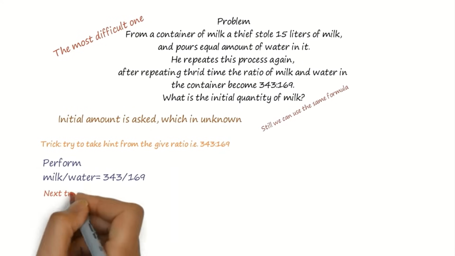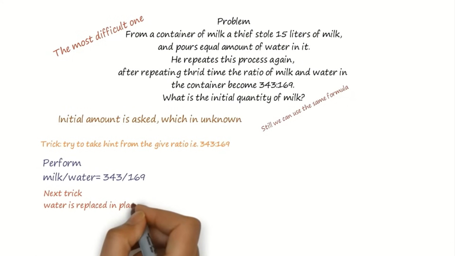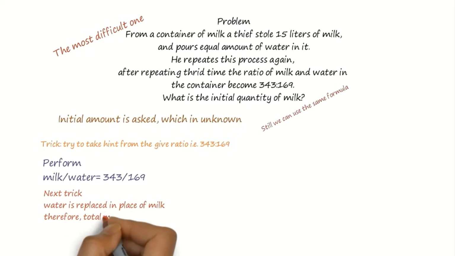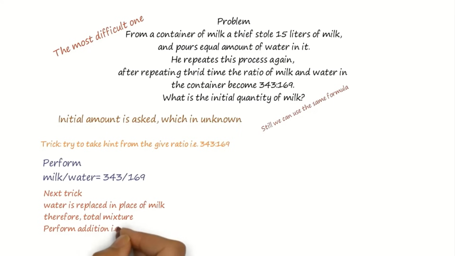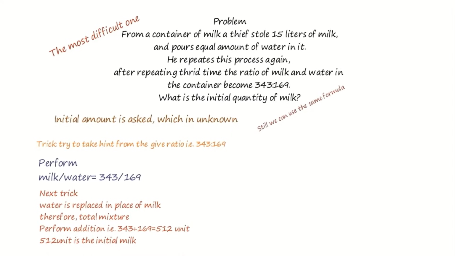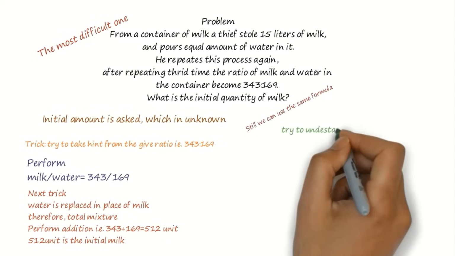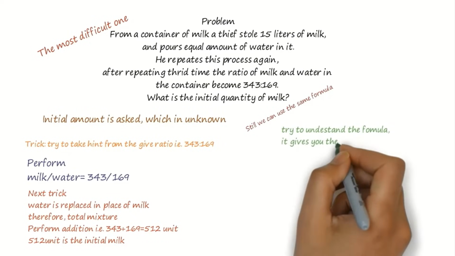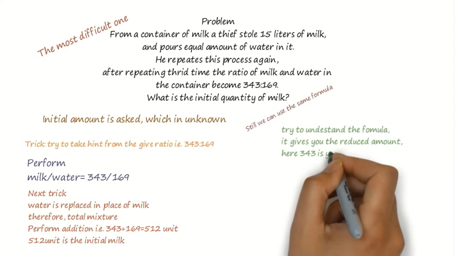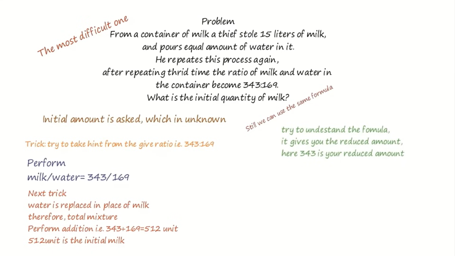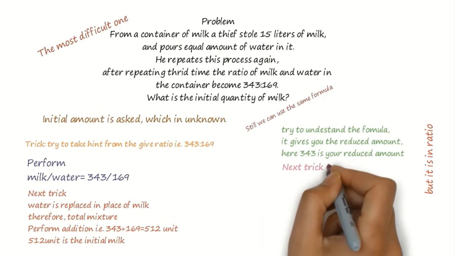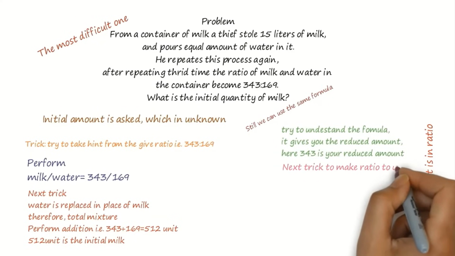Also, the point to notice here is that as water is replaced in place of milk, the total mixture has 343 plus 169, which is 512 units. Now here 343 is your reduced amount of milk, but it is in ratio format. So the next step is to convert the ratio into the amount. That is, we can write 343x.